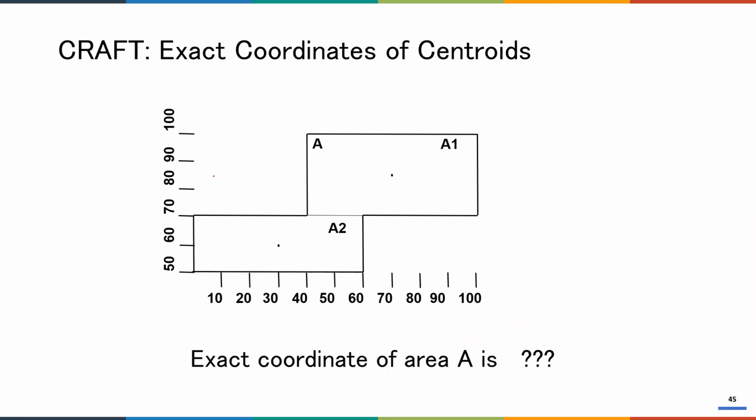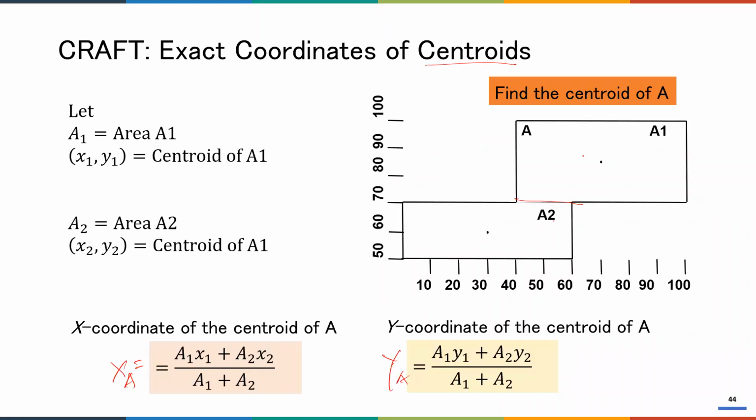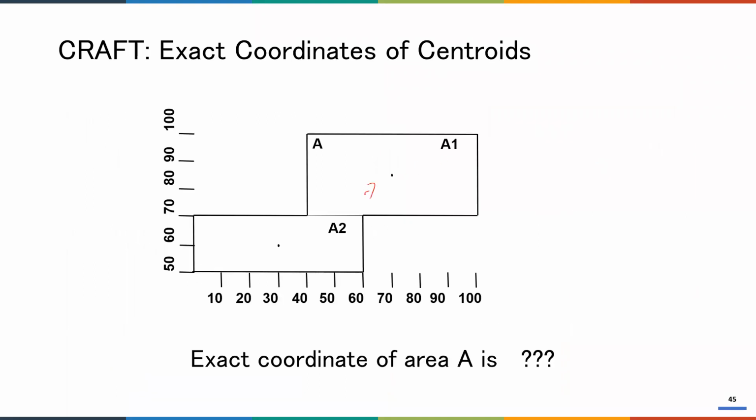So for example, this one is, I don't know, 70, 85, right? And then this one is 30 and 60.